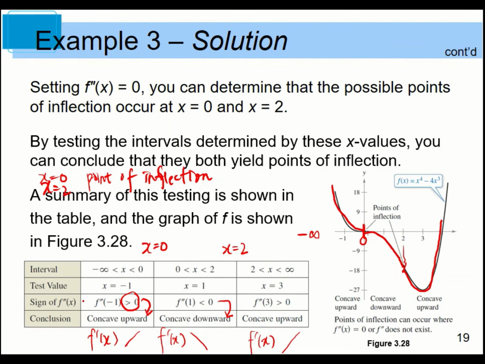Also, we can conclude that when the second derivative d2y/dx2 is positive, the graph will be concave upward, and this is the minimum point. And when the second derivative is negative, the graph will be concave downward, and we have a maximum point.